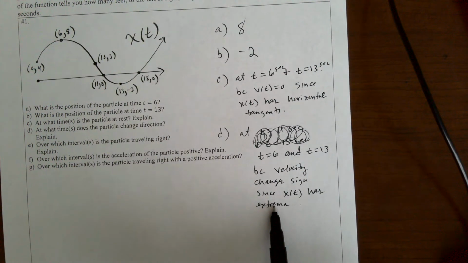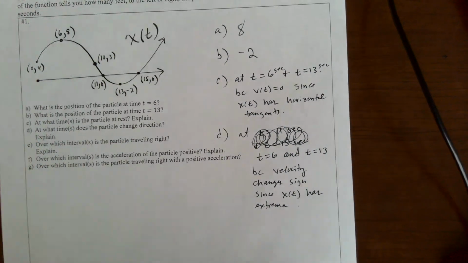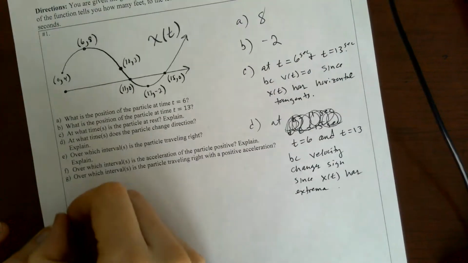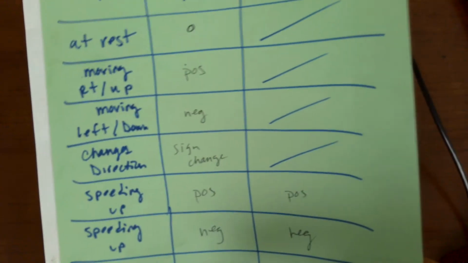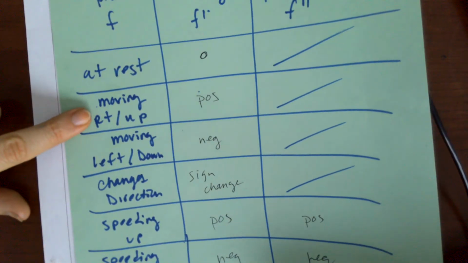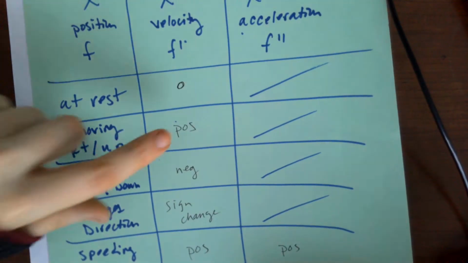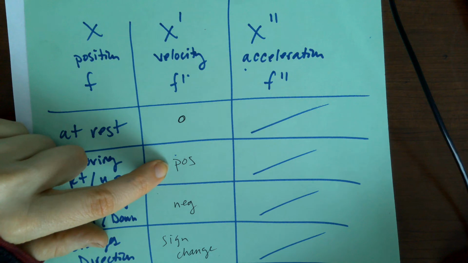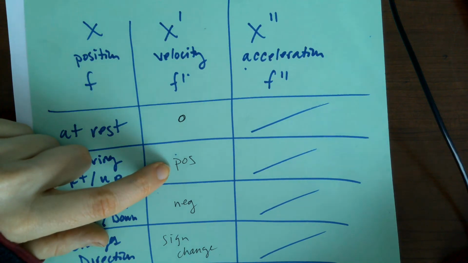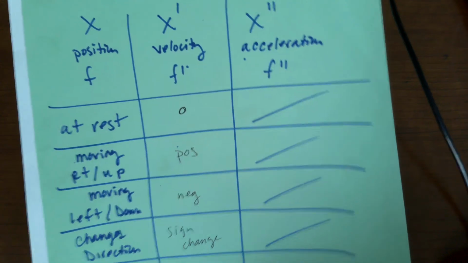Okay, D. Now E. Over which intervals is the particle traveling right? Well, the particle is going to be traveling right if the velocity is positive. How are we going to know if the velocity is positive?